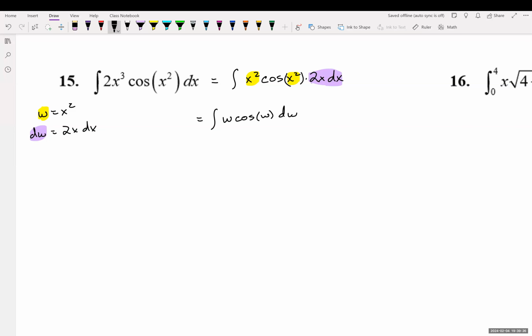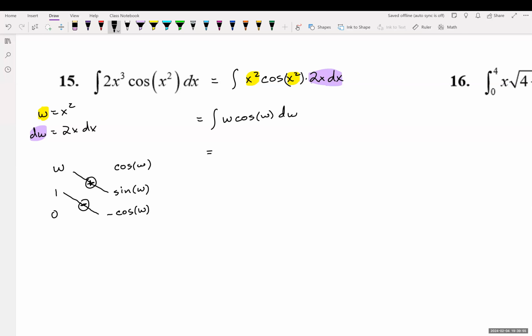Let's go ahead and do a tabular method this time. If I take w and repeated derivatives, I get w, 1, and 0. If I take cosine of w and take repeated antiderivatives, I get sine w and negative cosine w. We will multiply here. We'll multiply here. This product has positive. That product will have a negative.